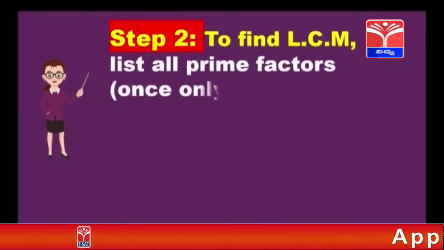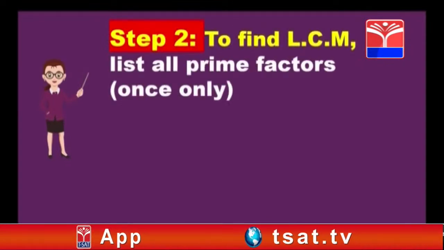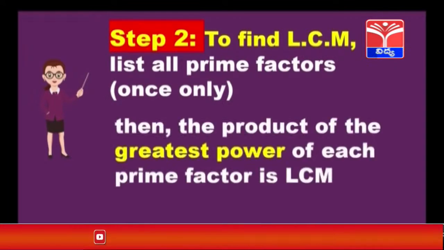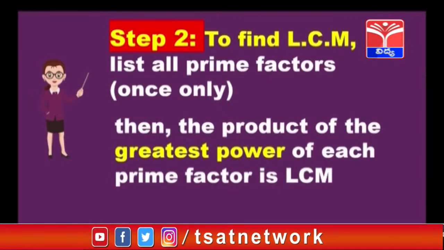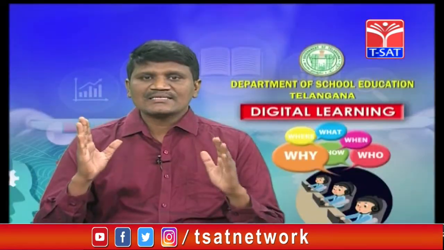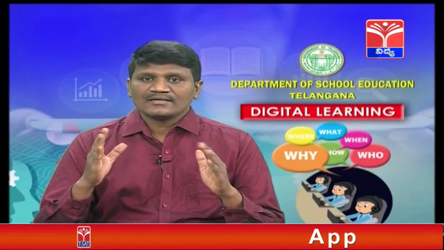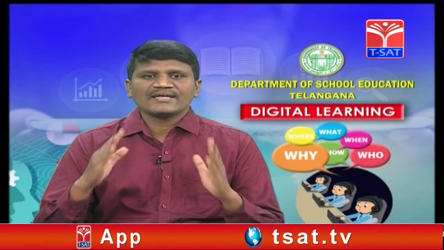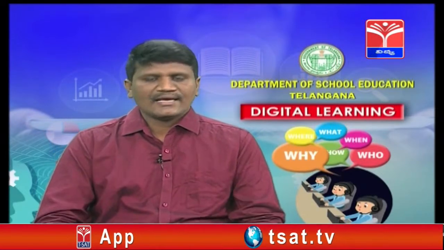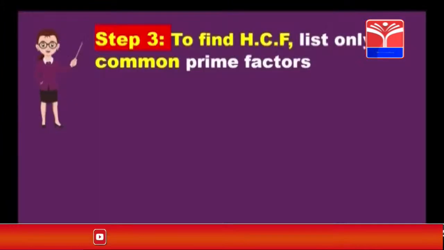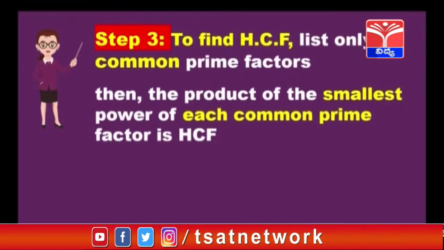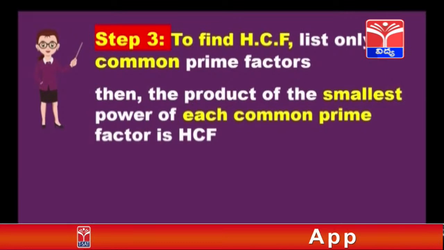Step 2: to find LCM, list all prime factors once only, then the product of the greatest power of each prime factor is the LCM. Step 3: to find HCF, list only the common prime factors, then the product of the smallest power of each common prime factor is the HCF.